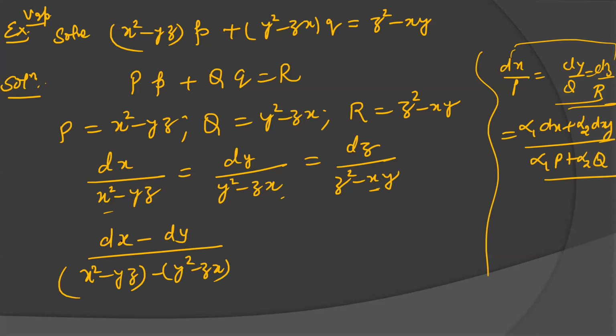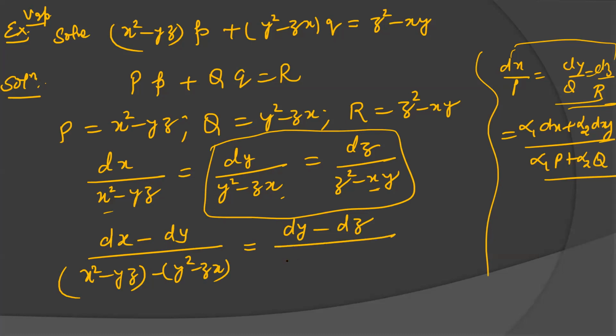What we did here: alpha 1 is 1 and alpha 2 is minus 1. Similarly, for these two, we have taken some other scalars, suppose beta 1 is 1 and beta 2 is minus 1. So this is y square minus zx minus z square minus xy.